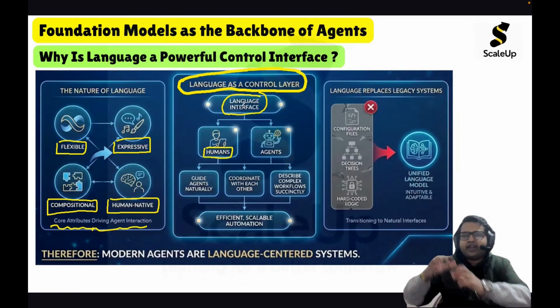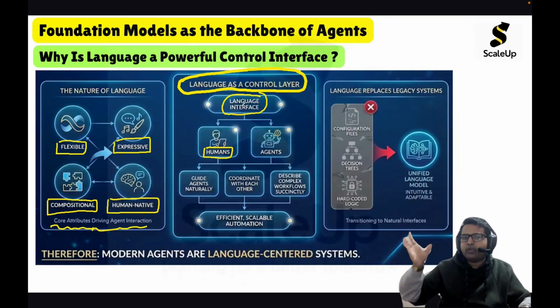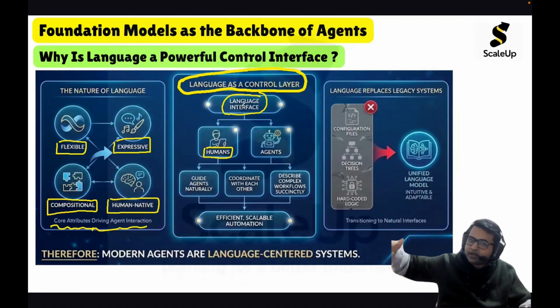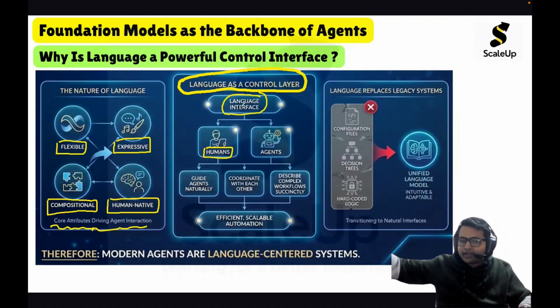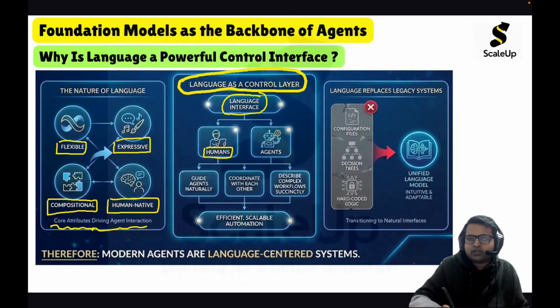We have an agent. To communicate with the agent, we will be making use of natural language, and the agent will in itself be making use of language to communicate with other agents and with systems. So humans, agents, and other systems will make use of the language interface.